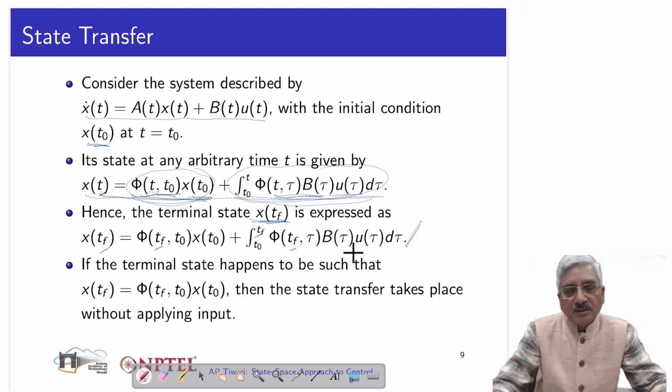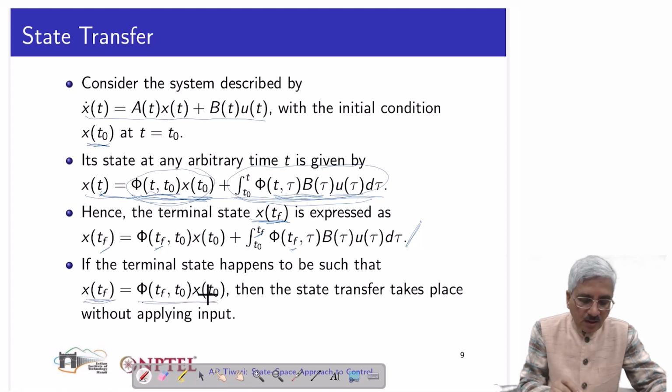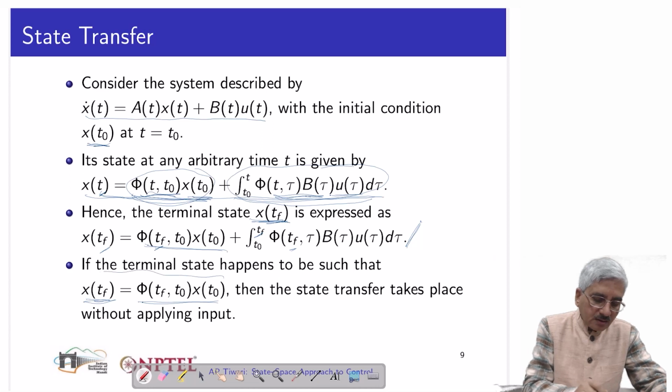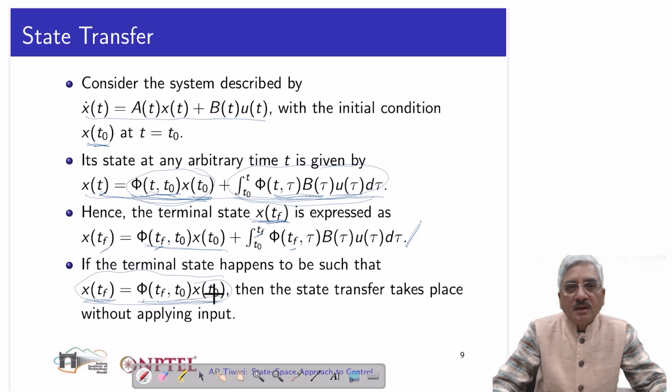Now let us say by coincidence it so happens that the desired terminal state is exactly equal to the zero input response of the system at time tf. Suppose it coincidentally happens that the specification is this, then obviously we see that this belongs on the natural trajectory.